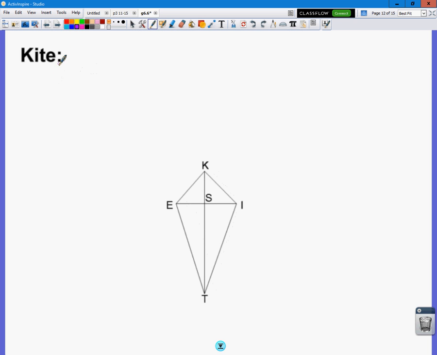A kite. A kite is a quadrilateral with two pairs of congruent, consecutive sides.